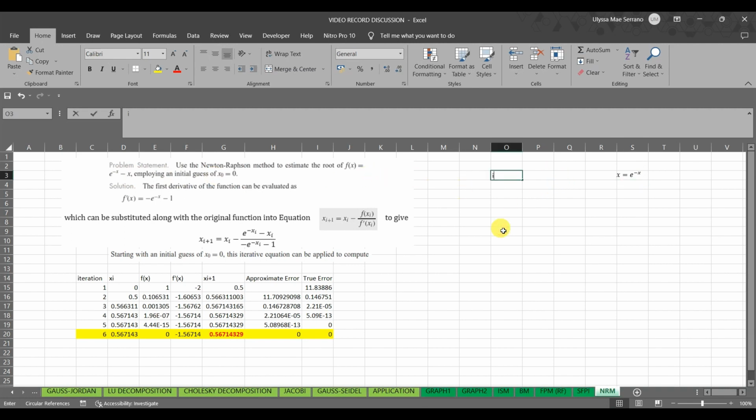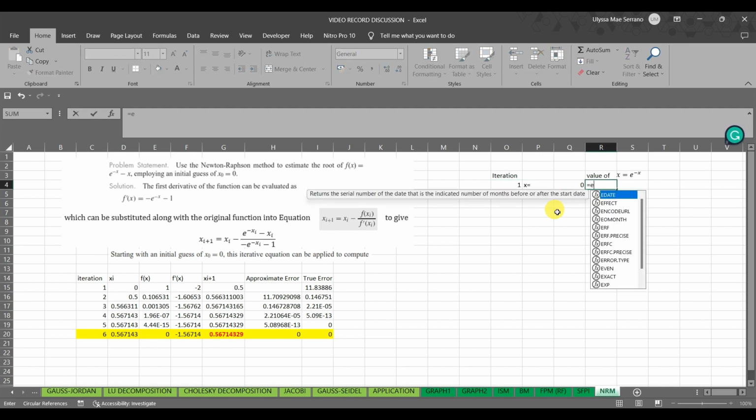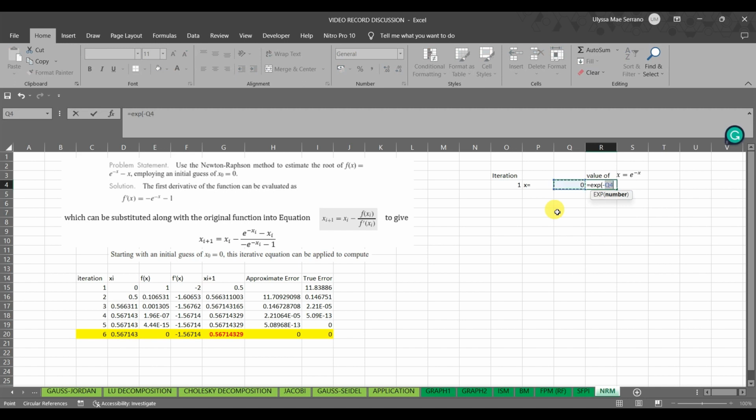For the iteration, we will have here the value of the arranged equation. And for the first iteration, the value of x will initially be 0. Substituting the initial value into e raised to negative x, we already have here the value of 1.